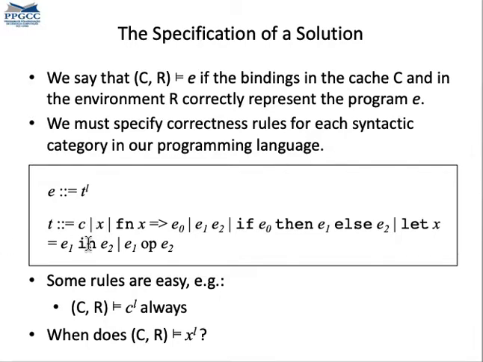That's the c in our grammar. Any pair cache environment here satisfies a constant because constants are not really bound to anything. What about variables?